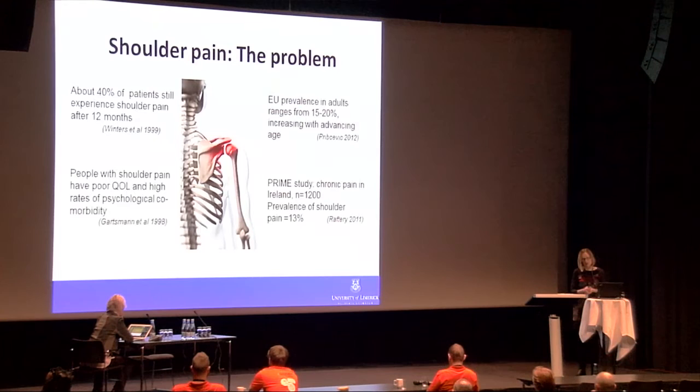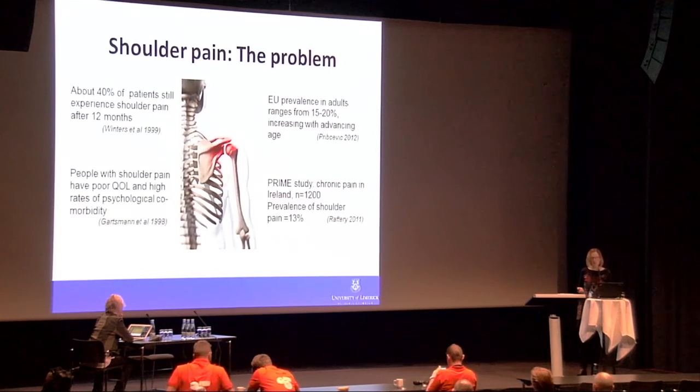So across Europe, that sort of 10 to 20% prevalence seems to be pretty consistent. Patients don't get better quickly, so up to 4 out of 10 patients with shoulder pain are still complaining of pain 12 months after the onset of their first episode. And also, they tend to have very poor quality of life and quite high rates of psychosocial or psychological comorbidities.